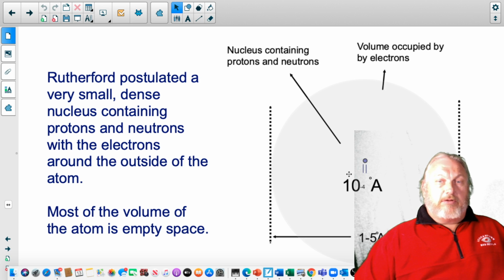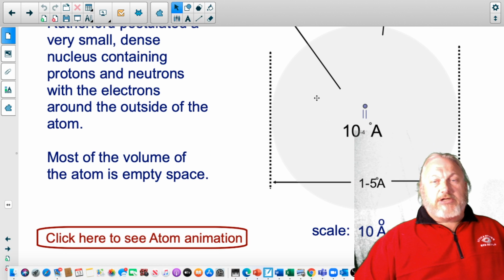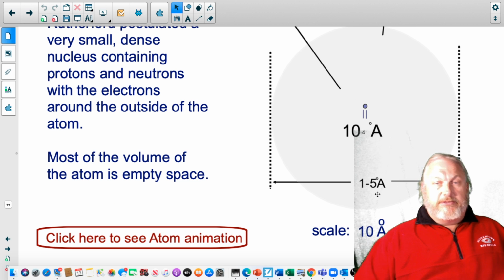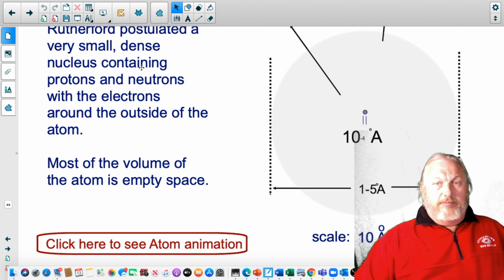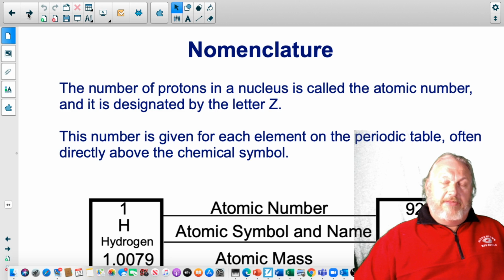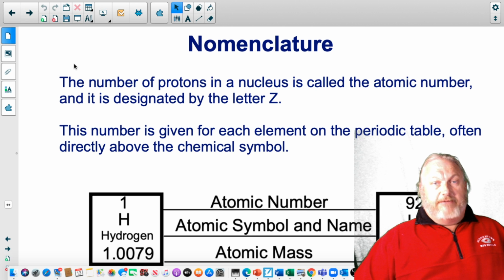So if the nucleus was 10 to the minus fourth angstroms, which is another term for the size they use, then the actual atom or the element would be 1 to 5 angstroms in diameter. So the nucleus is much smaller than the atom itself.